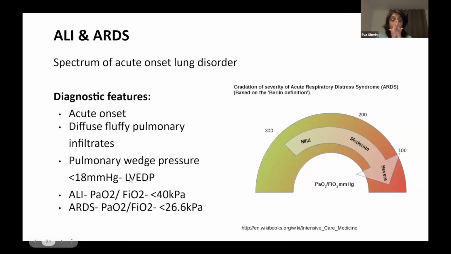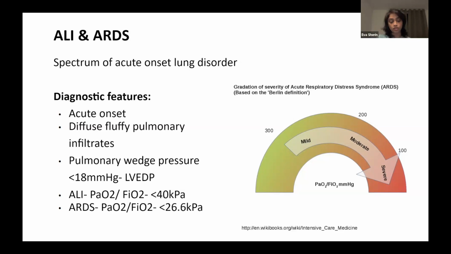And coming to ALI and ARDS, it's more of a spectrum of an acute onset lung disorder. This is mainly seen in patients who haven't had a prior lung disorder. So it's an acute onset of less than 7 days and has diffuse, fluffy pulmonary infiltrates, like I said, on the X-ray. Your pulmonary wedge pressure, from the capillary wedge which is inserted into the right atrium and then into the pulmonary arteries, should be less than 18 mmHg.